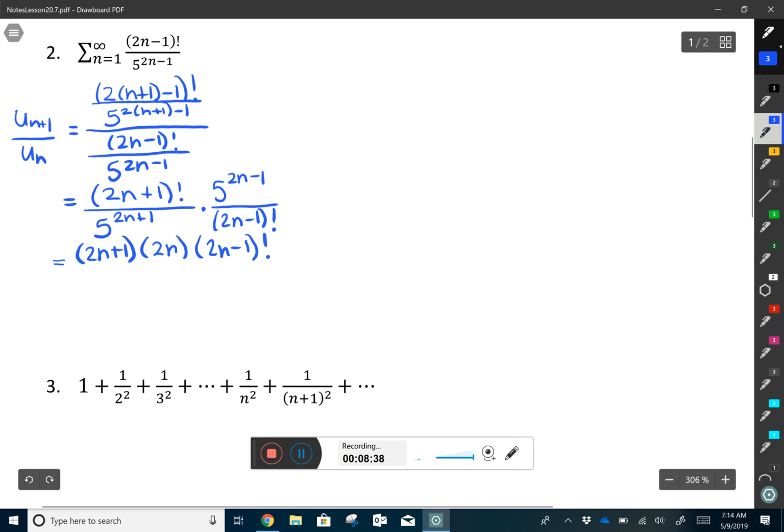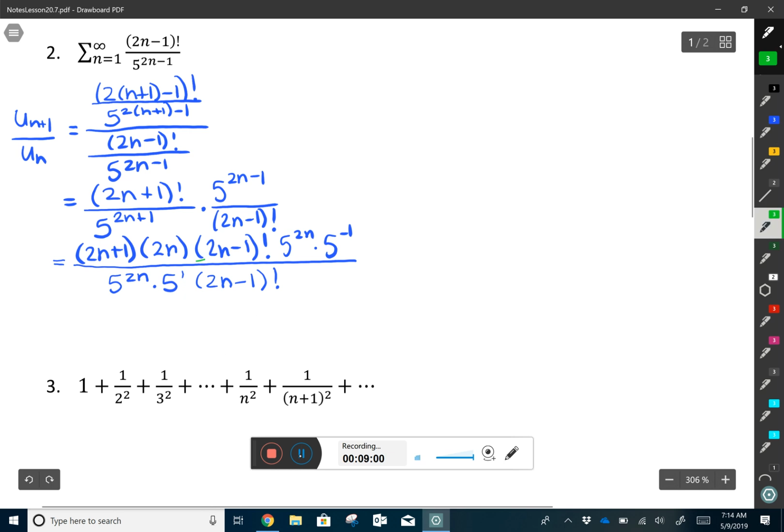Cool, so now that matches the denominator, so I'm going to put the factorial on that. And then my powers, I'm going to write those out. So that's 5 to the 2n times 5 to the negative 1 all over 5 to the 2n times 5 to the positive 1 multiplied by quantity of 2n minus 1 factorial.